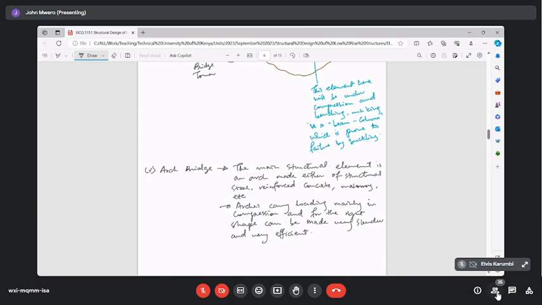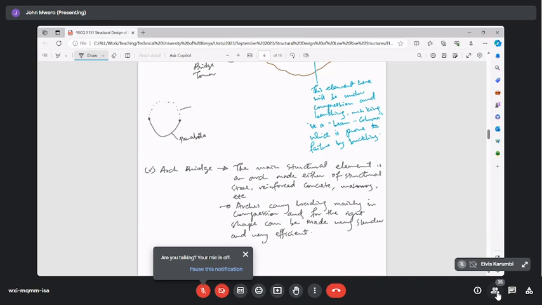You see, when you load a cable with a UDL, it forms a parabola. Now, if you reverse that, it gives you the perfect arch. Which is a parabola.